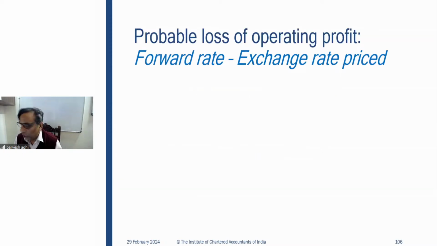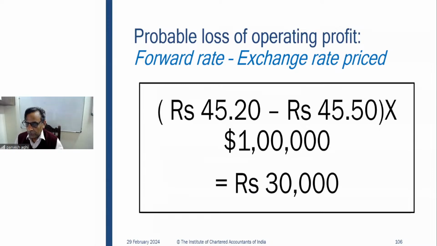Now, the probable loss of operating profit. When we calculate the loss of operating profit, we take the forward rate, the rate at which they are going to get their money, minus the exchange rate at which we priced their consignment. Their forward rate is 45.20, which is given in the question. The price at which they worked out their operating profit was 45.50.